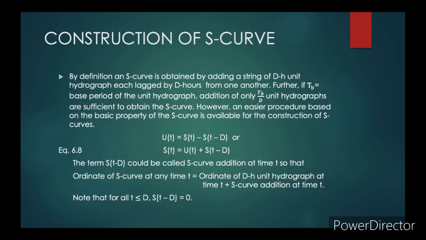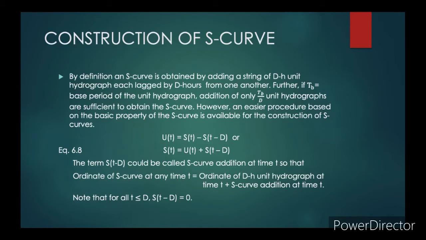So we are given a simple and easier equation, which is equation 6.8: U(t) = S(t) − S(t−D), or S(t) = U(t) + S(t−D).